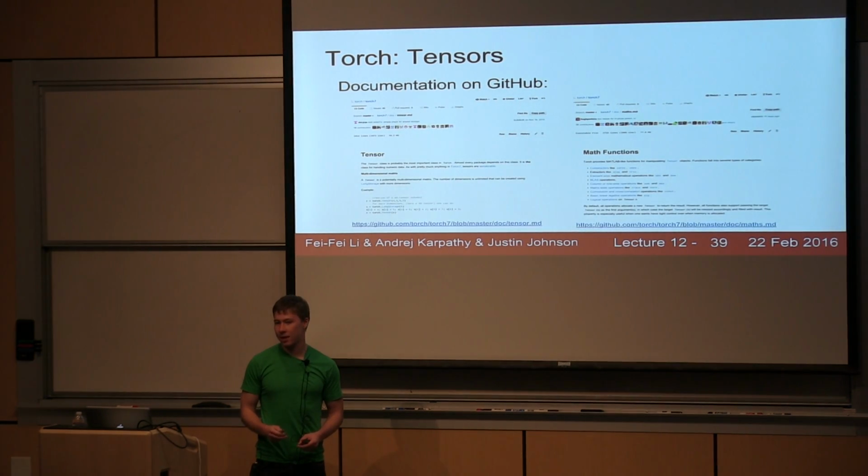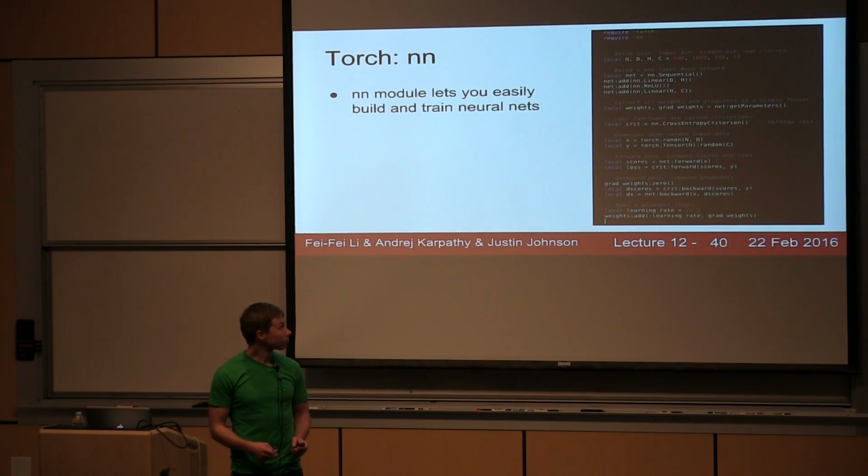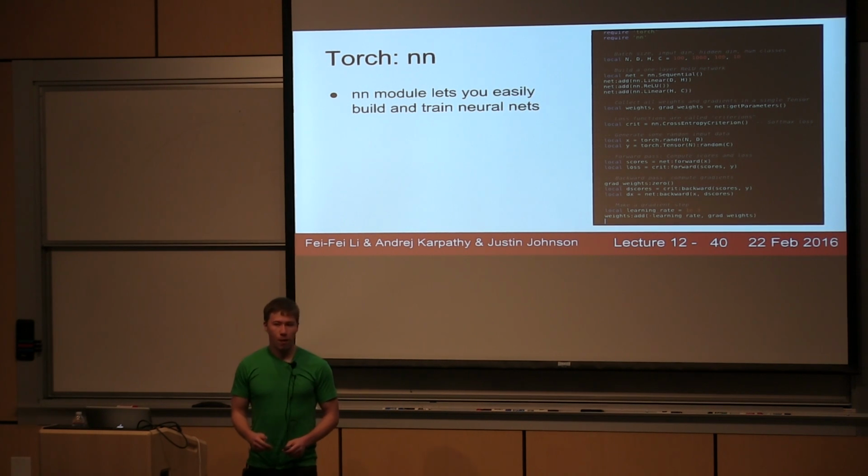Like I said, you should think of these tensors as similar to NumPy arrays. And there's a lot of documentation on the different kinds of methods that you can work with in tensors up here on GitHub. This documentation isn't super complete, but it's not bad, so you should take a look at it. But in practice, you end up not really using the tensors too much in Torch.